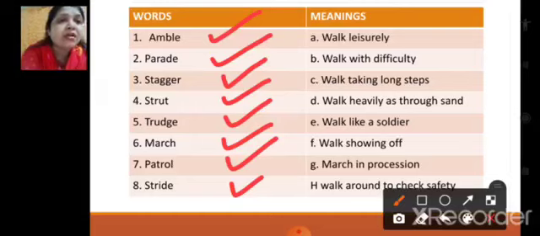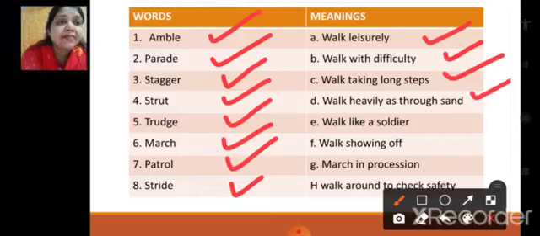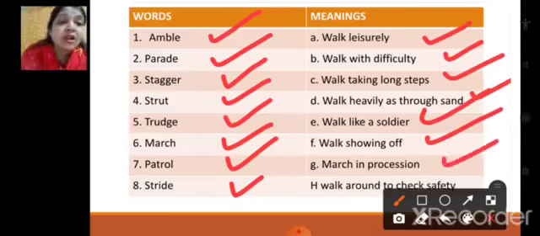Now the meanings are walk leisurely, walk with difficulty, walk taking long steps, walk heavily as through sand, walk like a soldier, walk showing off, march in procession, and walk around to check safety. Now sit with your dictionary, children, and try to match each word.